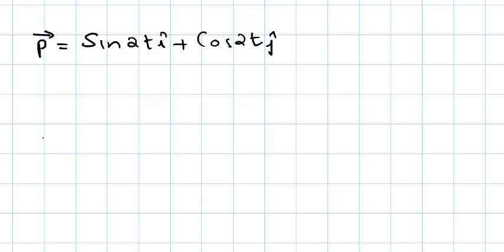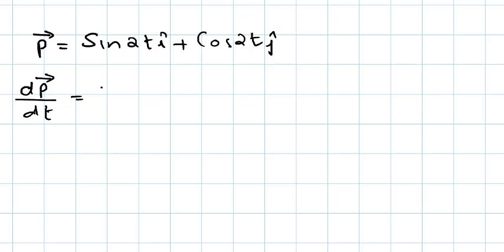The above method is useful in this question. Suppose that you are given momentum equal to sin 2t i plus cos 2t j. How to find force? Force is the rate of change of momentum, dp by dt. Sin 2t is like sin 2x.